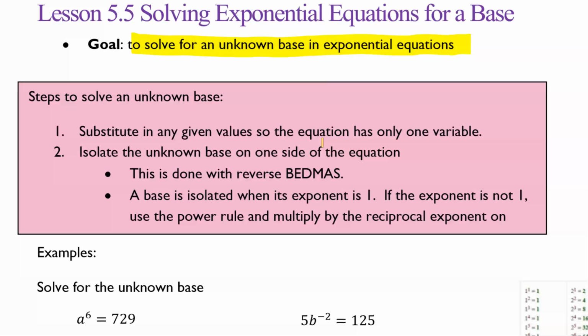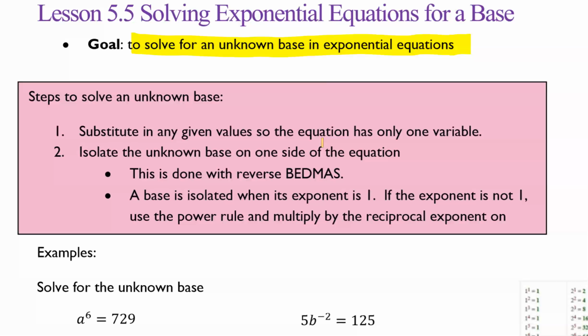You can isolate one of the variables as much as possible, but on the other side of the equation is going to be the other variable. So you're not going to be able to tell me what one variable actually is by solving it. You can only solve it if everything else is a number of some sort, and you can plug in all those numbers and work out what that unknown is. There can only be one unknown.